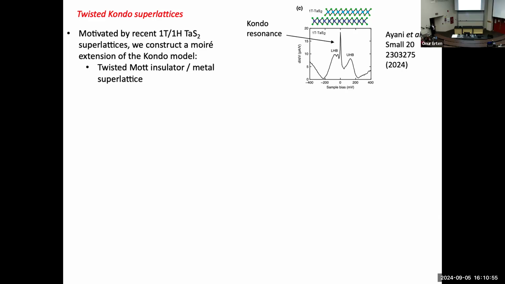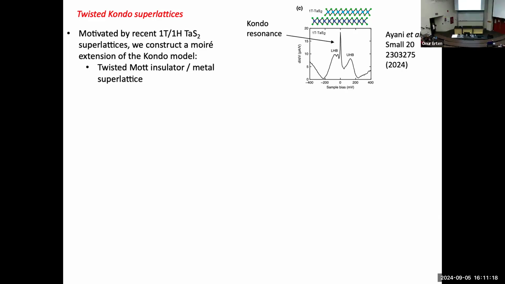All right, so another type of system that we considered are these recent synthetic Kondo lattice systems. So these are 1T, 1H tantalum sulfide or selenide bilayers. So here, one layer is a Mott insulator and the other layer is a metal.